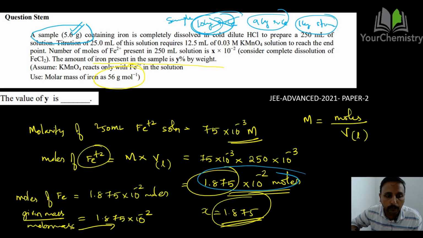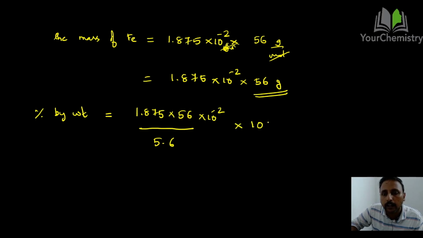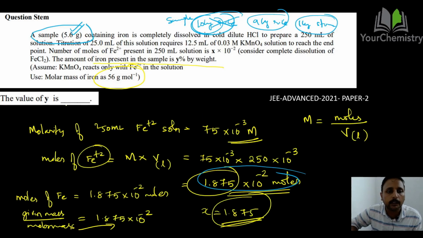So out of 5.6, how much weight is there now? 1.875 into 56 into 10 raised to minus 2, into 100 for percentage. So this cancels, and you can just multiply this with 10. So what will be the answer? 18.75%. So the answer for Y is 18.75. So clear?